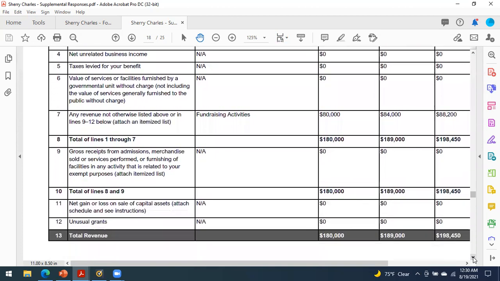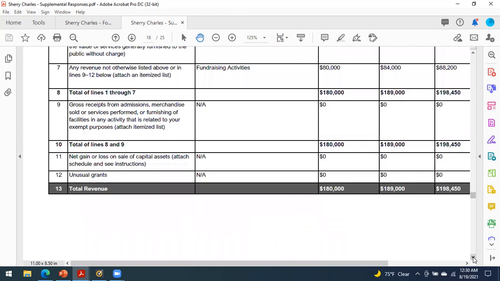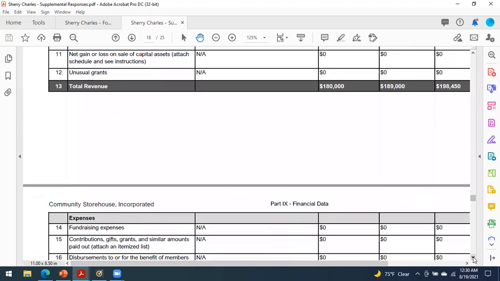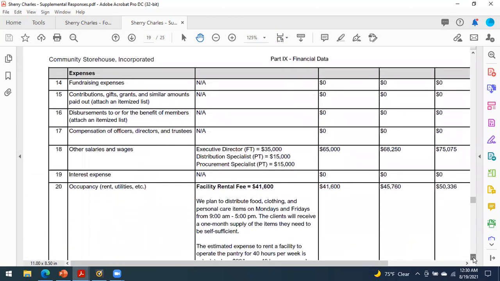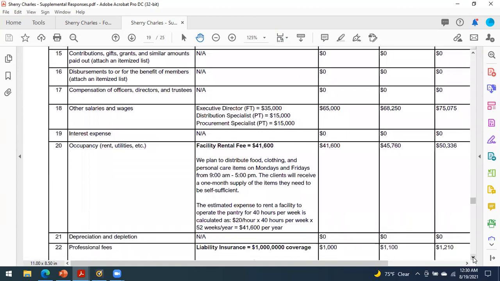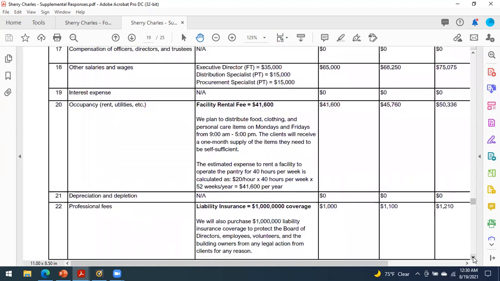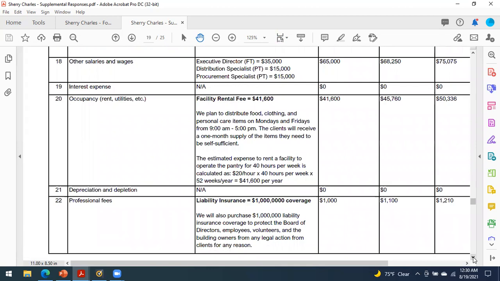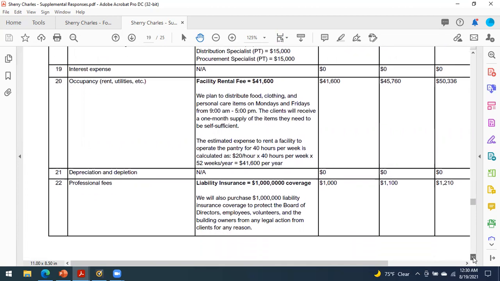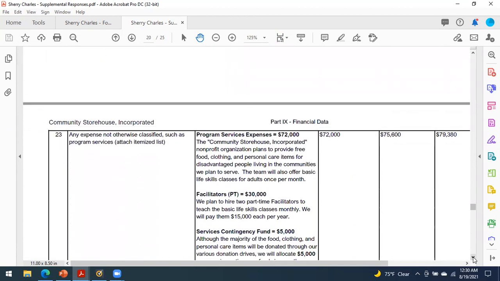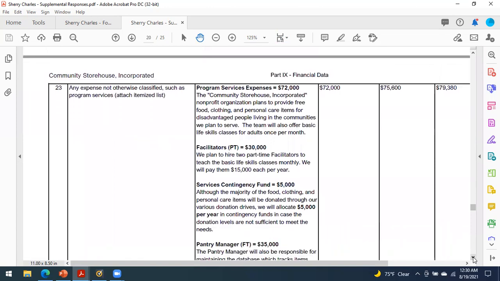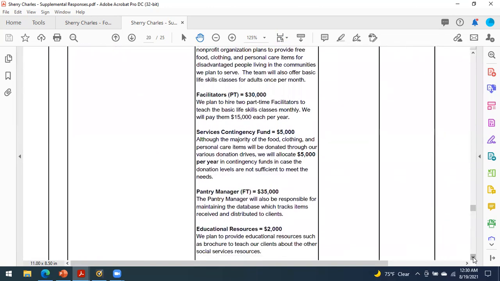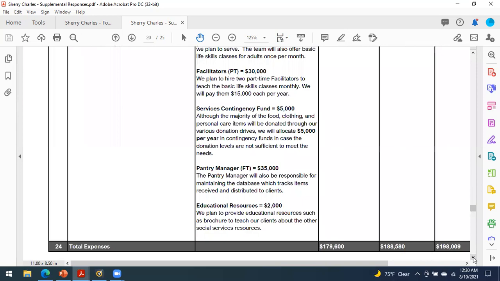You don't have that column in the Form 1023 application, so I like to attach it to the application itself so the IRS representative can say, oh, okay, now I understand why they are asking for $41,000 for occupancy of rent and utilities, for example. You can spell things out better for them so that they can have a good understanding of where the money will go that you're projecting for your nonprofit.